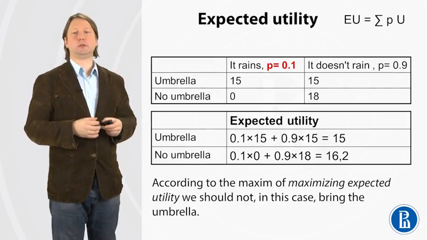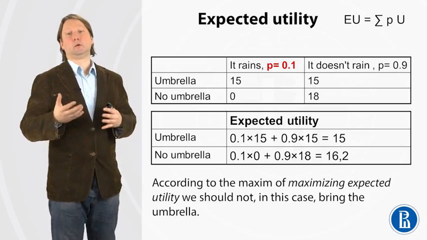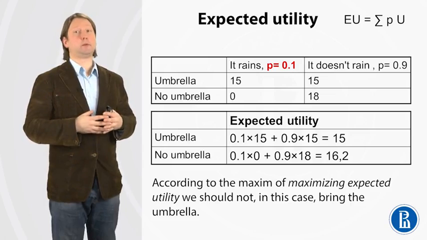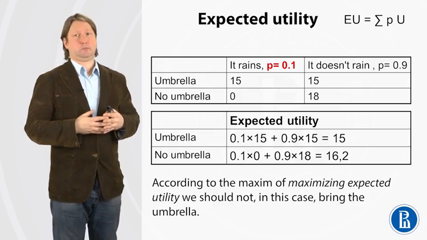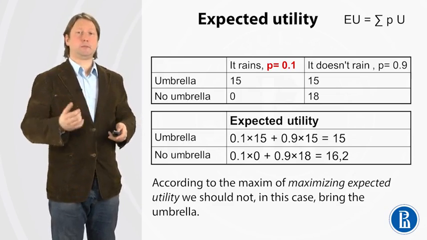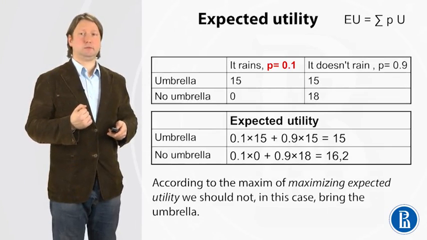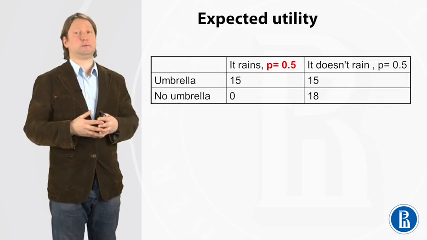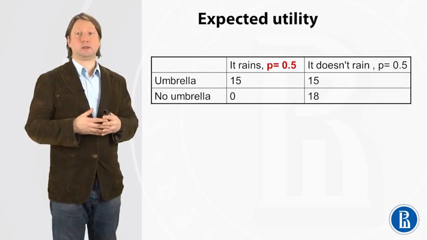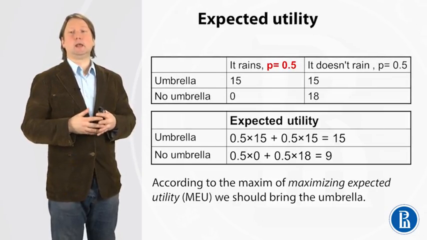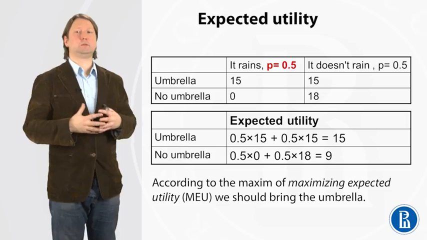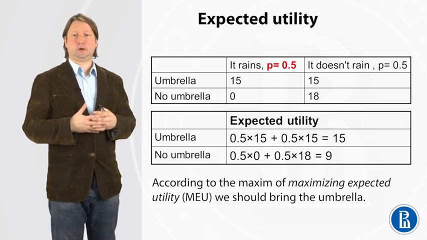If you calculate expected utility, you will find that with a low probability of rain today, it makes sense to not take an umbrella. If the probability of the outcome is different, for example, if there is a 50% chance of rain today, it will change the matrix. So in this case, it makes sense from a normative perspective to take an umbrella.